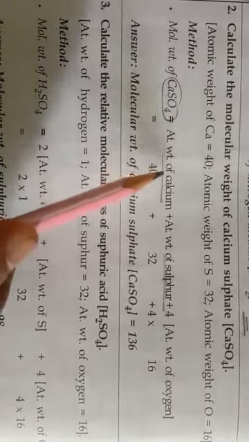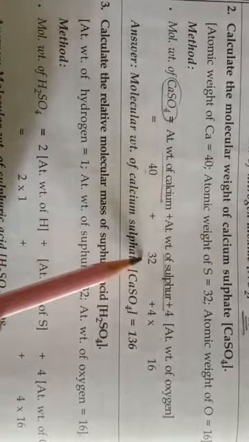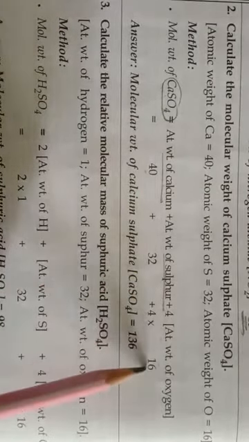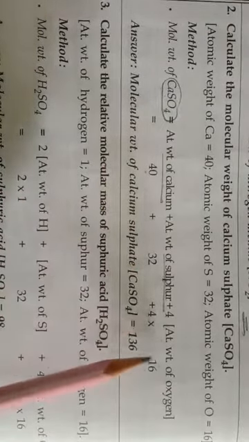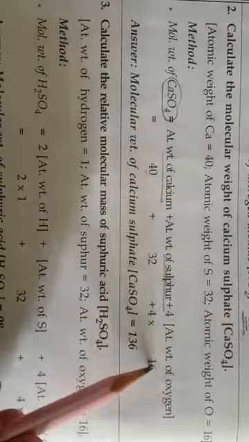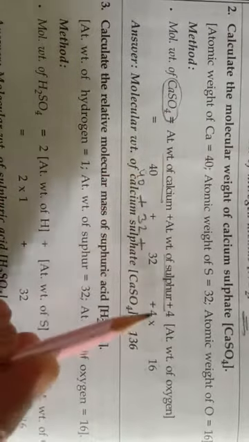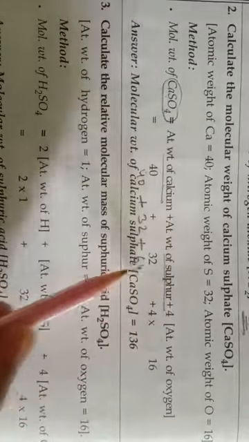Okay, so atomic weight of calcium is 40, of sulfur is 32 and for oxygen it will be 4 into 16. So 40 plus 32 plus 4 into 16. 4 16s are 64.